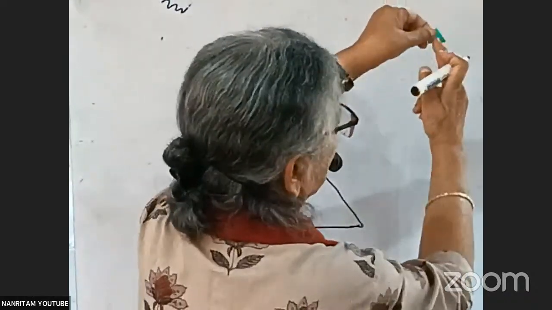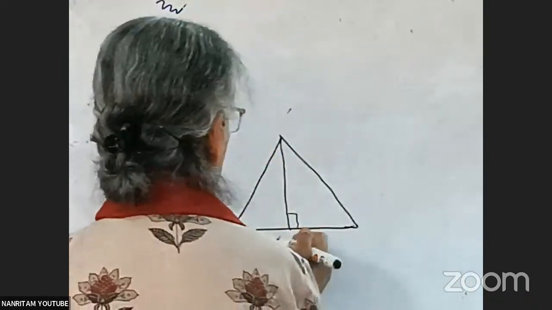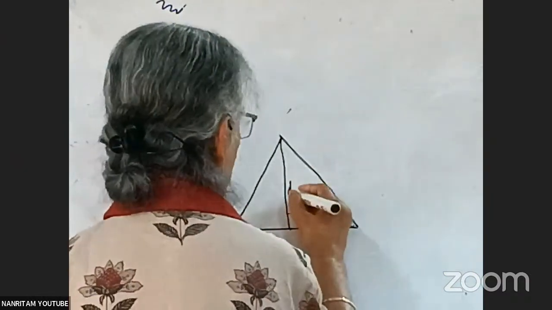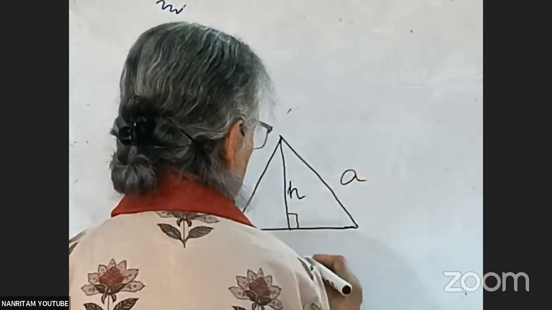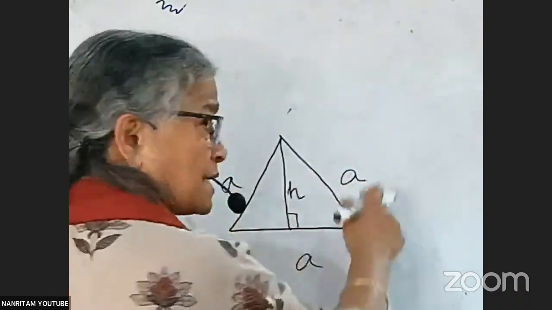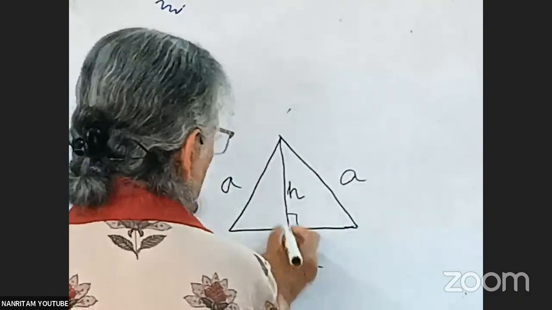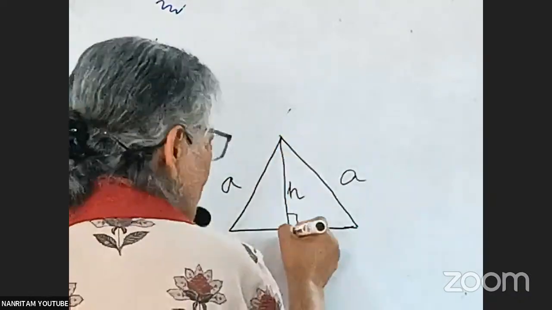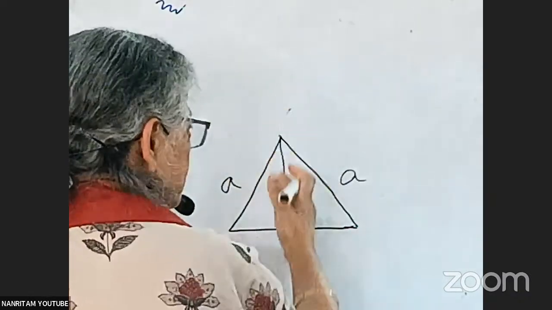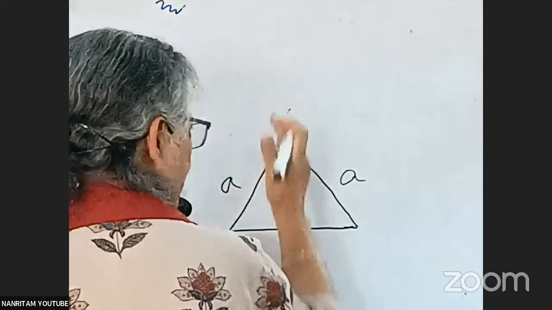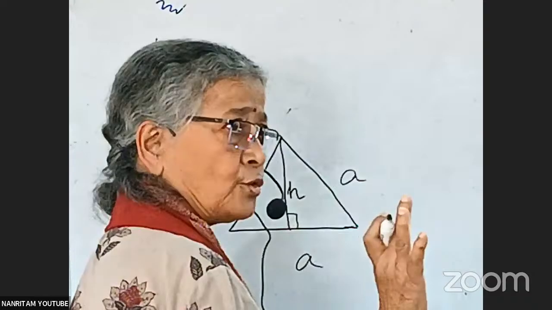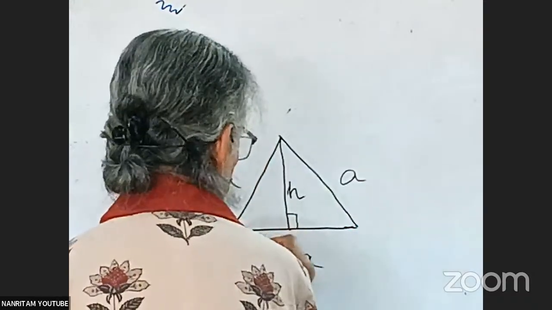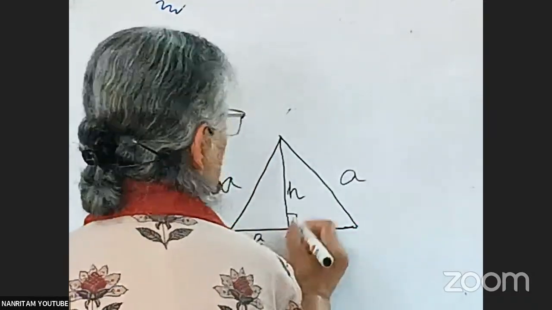We are drawing a perpendicular. So this height we have to calculate. How is that easily calculated?